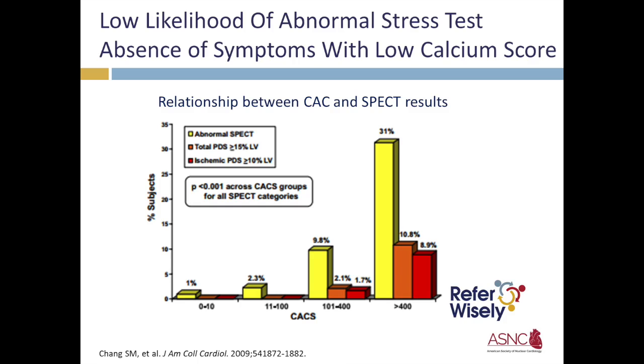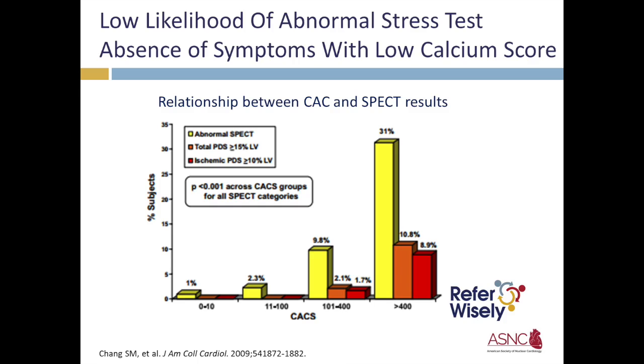Yellow boxes indicate the overall incidence of abnormal myocardial perfusion scans, whereas the orange and red boxes demonstrate the prevalence of high-risk or markedly abnormal myocardial perfusion scan based on either a total perfusion defect score of greater than 15% or an ischemic perfusion defect score of greater than 10%.